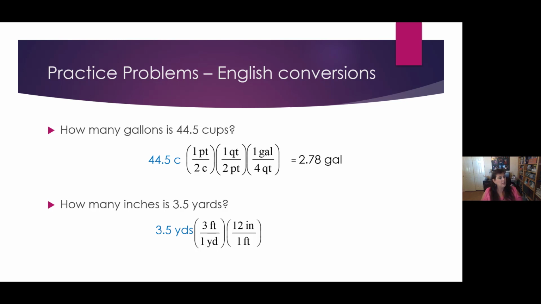Round 126 to 2 sig figs. And I hope you got 130, not 13. It's in the hundreds. We have to keep it in the hundreds place. So 130, use your placeholder 0. 130 inches is the final answer.